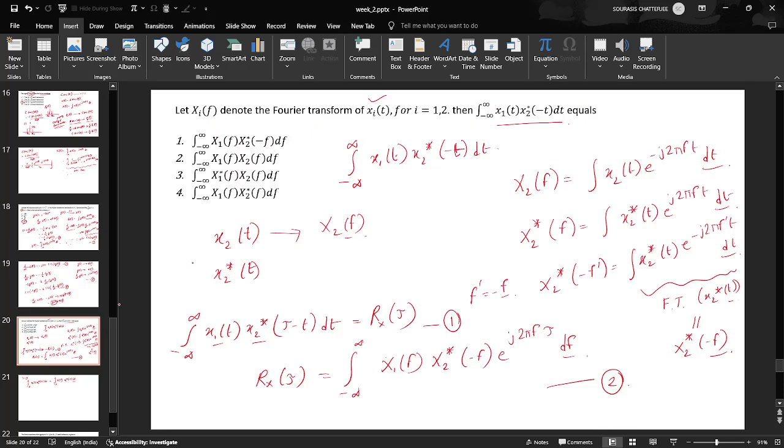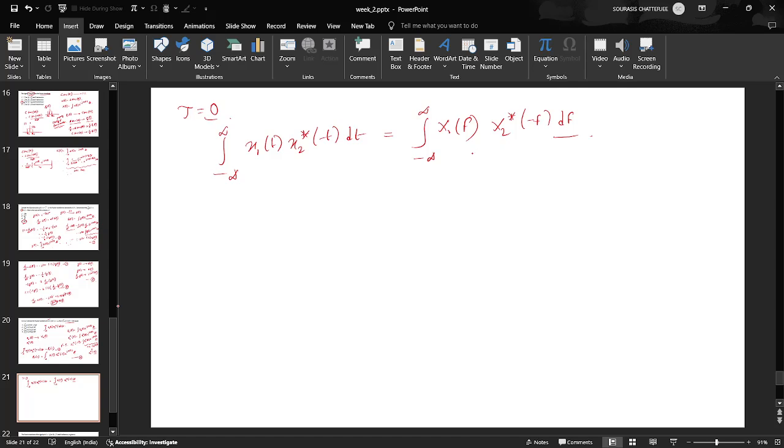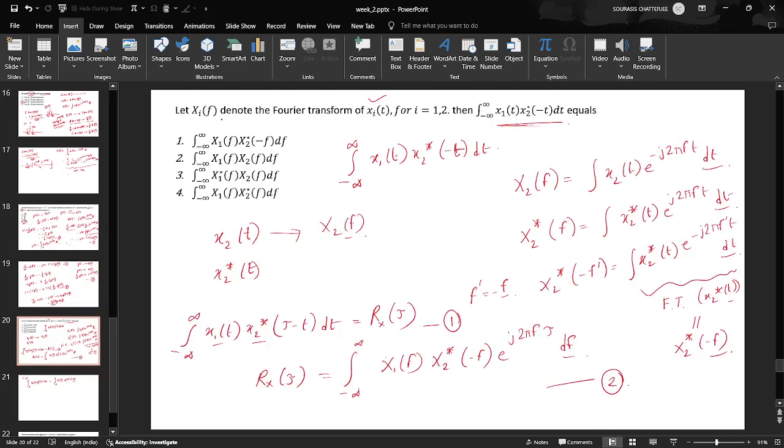So from this expression we can see this matches with the left hand side, and the right hand side should be X1(f) X2 star(minus f). This one should be the correct answer.